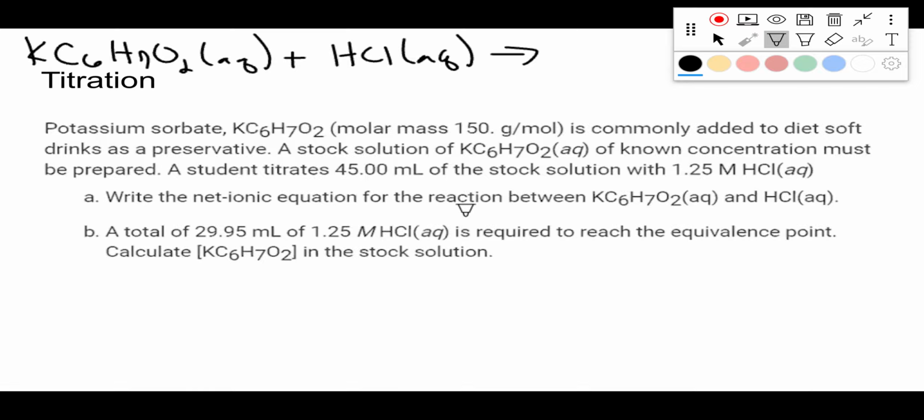So we have to figure out what our products are in this reaction. It's going to be a double displacement. So my K is going to bond with my Cl, and my H is going to bond with the C6H7O2. Well, we've been talking about SNAP for our solubility rules.